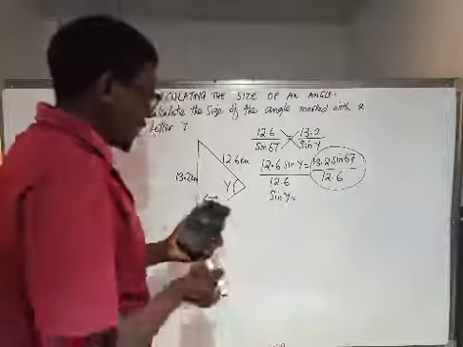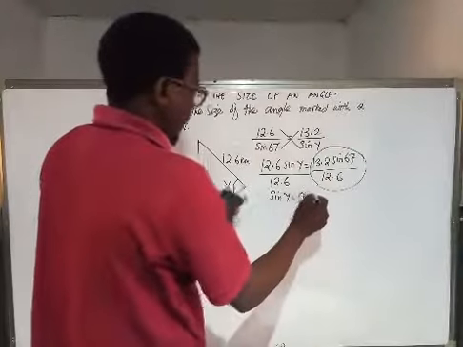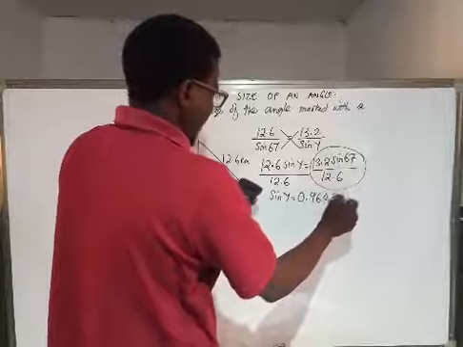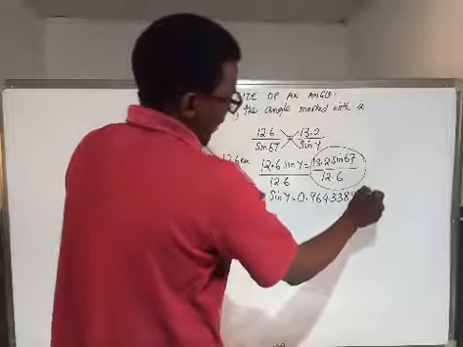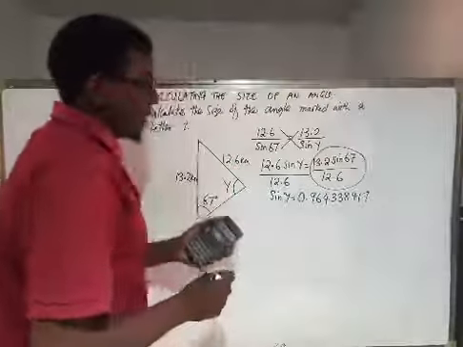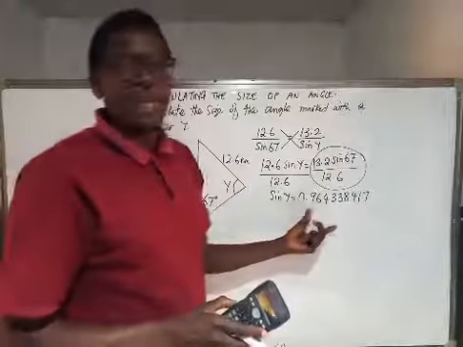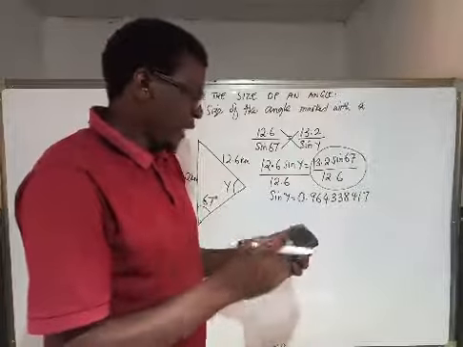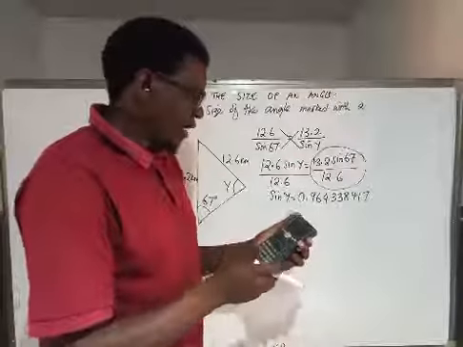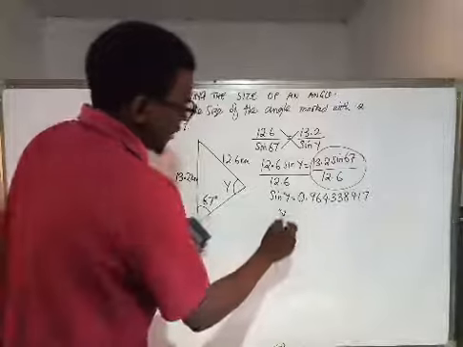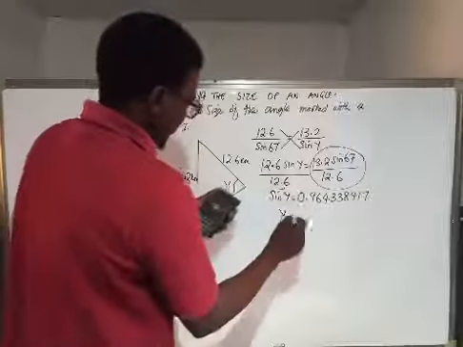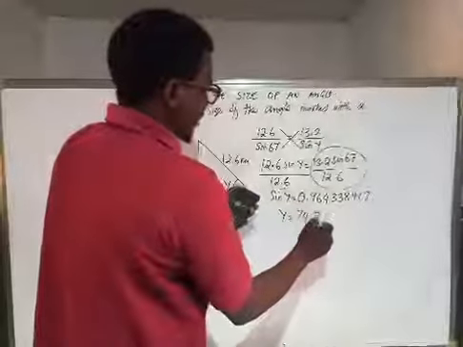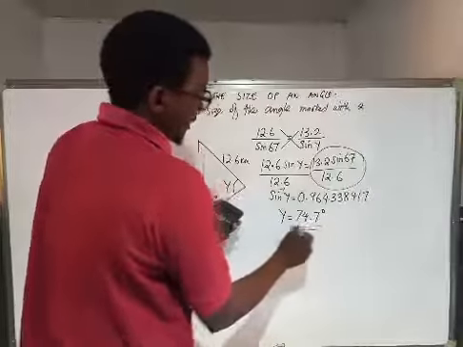When you divide, your answer will be 0.964338417. Once you find this answer, you convert it to an angle by pressing Shift or second function sine equals. Then our y will become 74.7, correct to one decimal place.